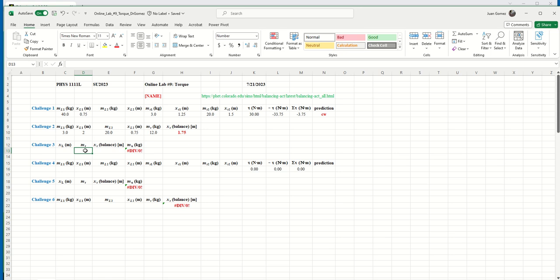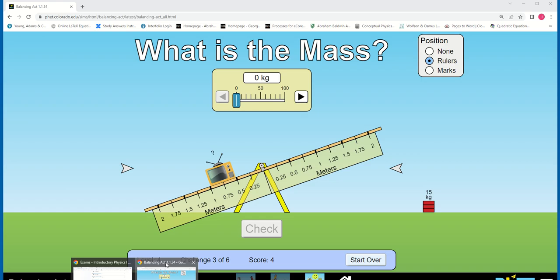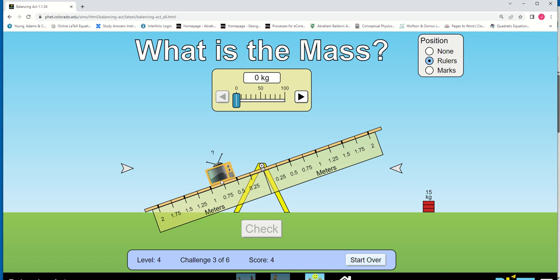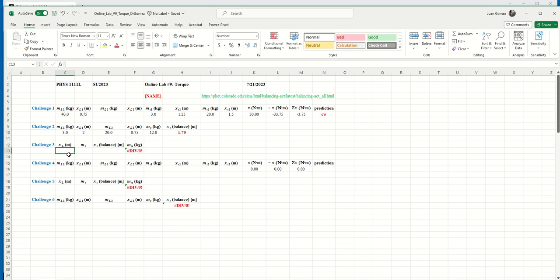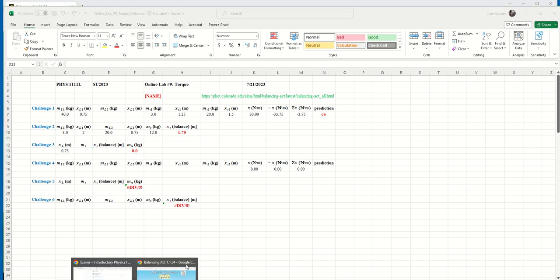MR is the mass on the right. So for challenge 3, what is XL? Well, XL is the coordinate of the TV because it's to the left. Notice it's at 0.75. So I'm going to go ahead and enter that in.